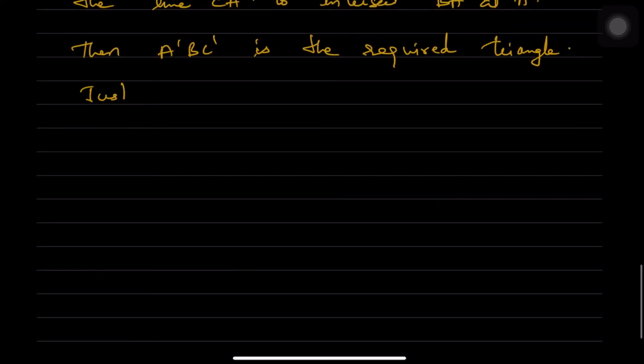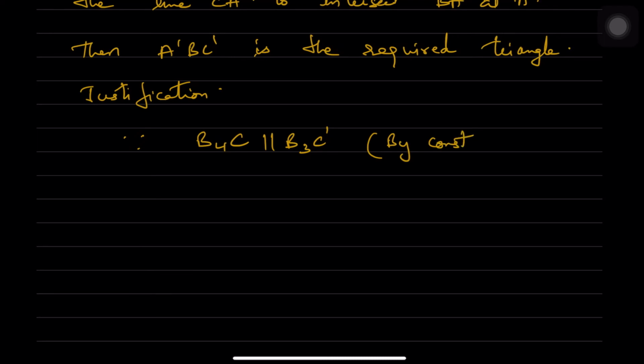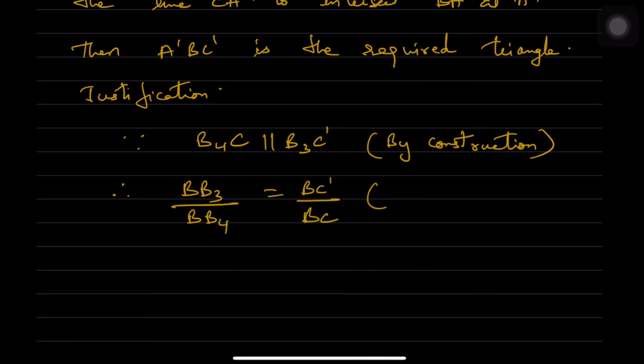Now the justification for this. Since B4C is parallel to B3 C dash by construction, therefore B B3 by B B4 is equal to BC dash by BC by basic proportionality theorem.